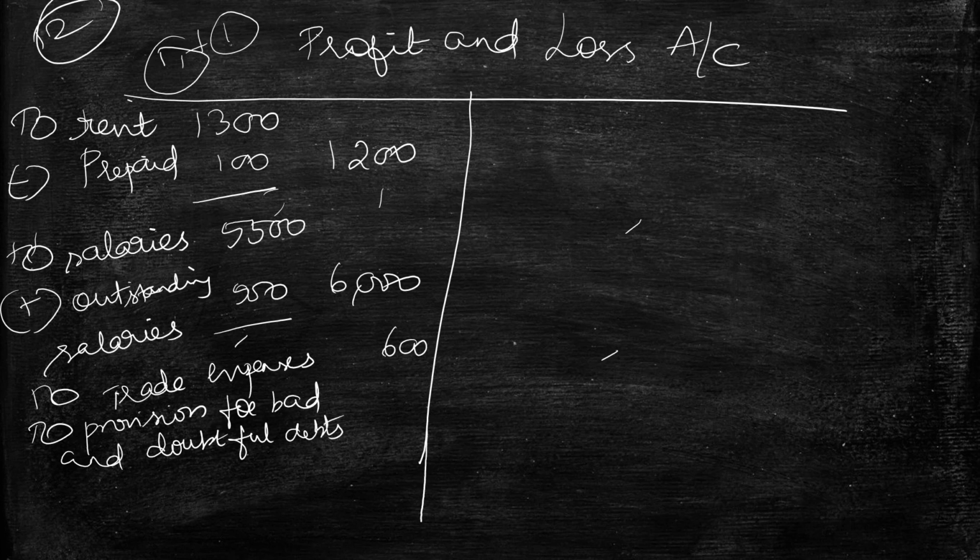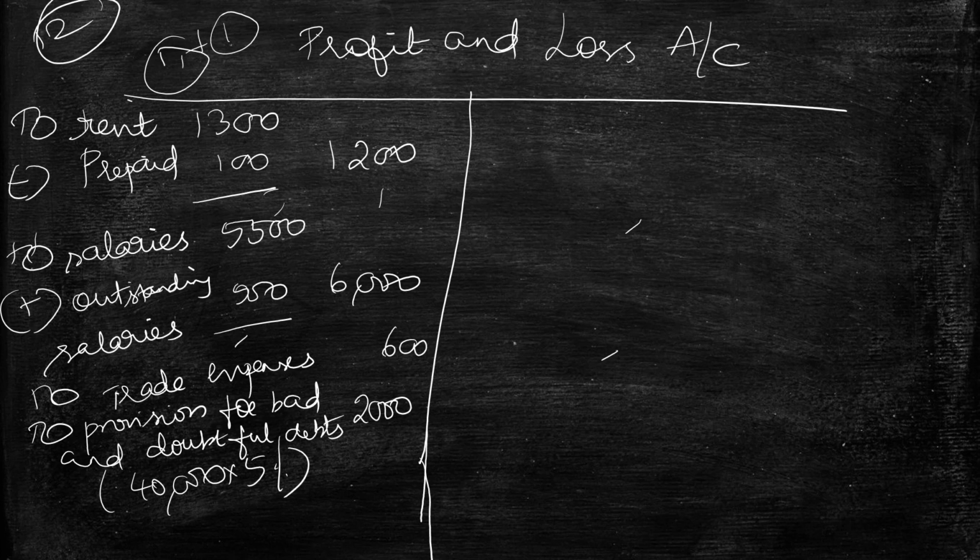Debtors value is 40,000, and the provision is 5%. So 40,000 into 5% is 2,000 rupees.